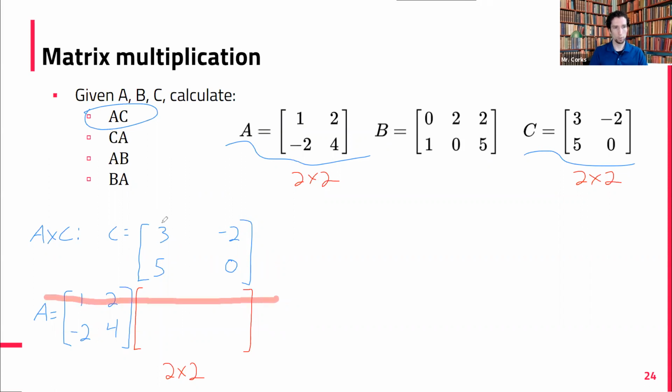So our first row times our first column. When we do this, we just match up the values again. So I'm going to take the first value times the first value. So 1 times 3, which I'll write out fully for the first one. 1 times 3 plus the second position times second position, plus 2 times 5.